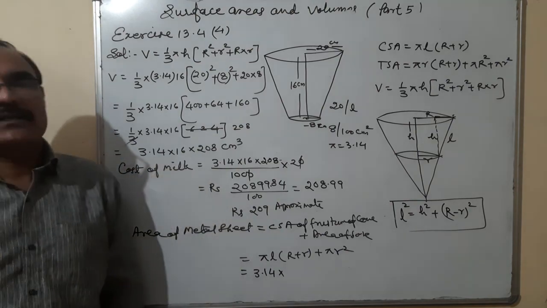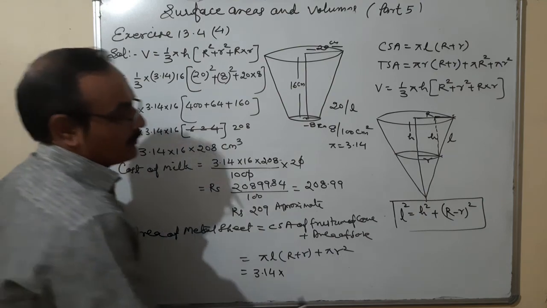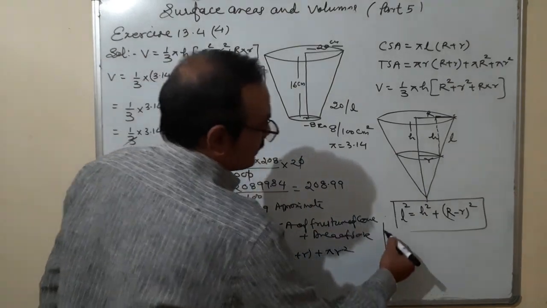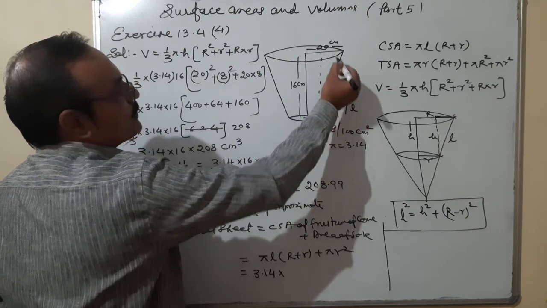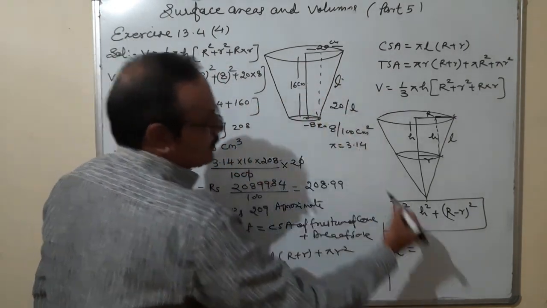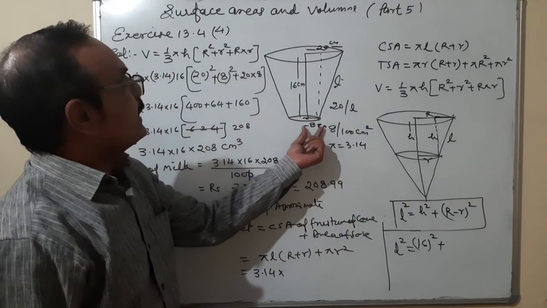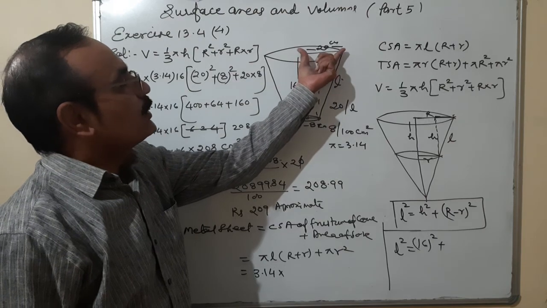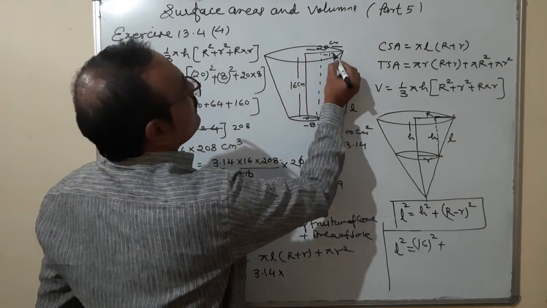Pi 3.14 slant height. Now here the slant height is not given. So first of all we will find the slant height of it. How to find the slant height? As I told you, this is slant height. L square is equal to 16 square plus 12 square, because 20 minus 8 is 12.